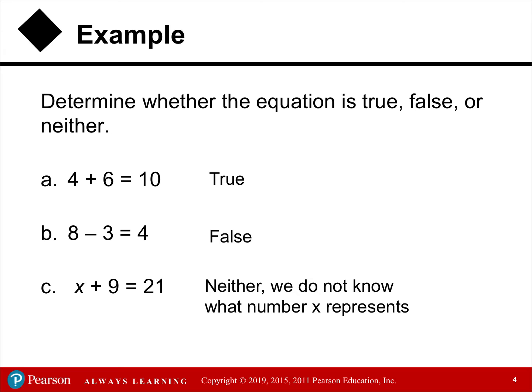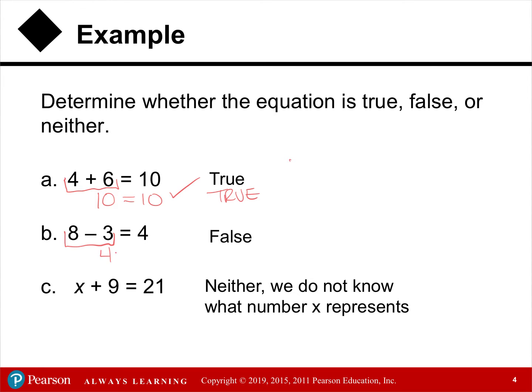What we're going to do is have some where we don't know what the value is, or it says, hey, figure out if this is true or false. In this one, for instance, 4 plus 6, I can see that 10 does indeed equal 10, so I can say that it is true because I get the same number on both sides. And over here, 8 take away 3 is 4?